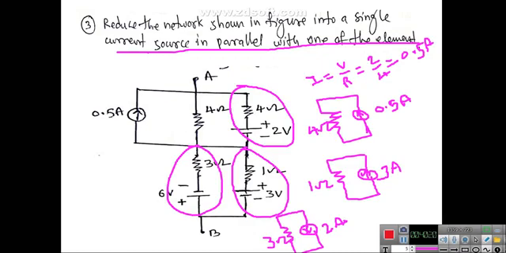Then you can modify this network. In this part of the network, one source in parallel with a resistance is already there, one more resistance and one more source, here we have one resistance and one source, and here also one resistance and one source. So we can redraw the diagram and further reduce this network.